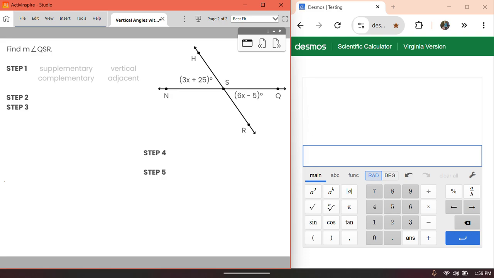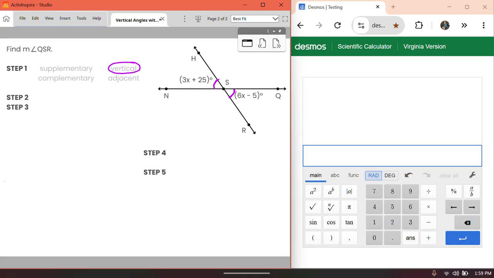All right. So the question says, find the measure of angle QSR. And we have 5 steps here. So the first step is for us to determine what kind of angle pair is being shown. So I have this angle over here, and I have this angle over here, and I know that those are vertical angles.